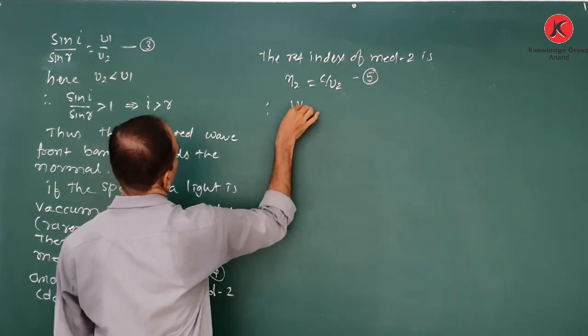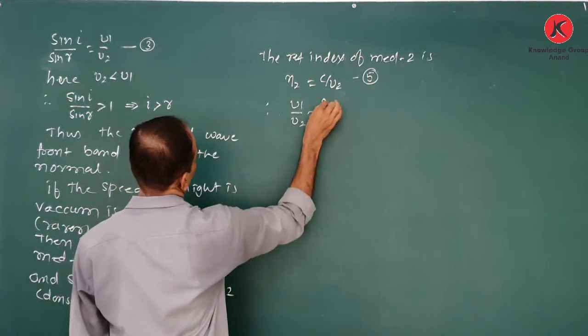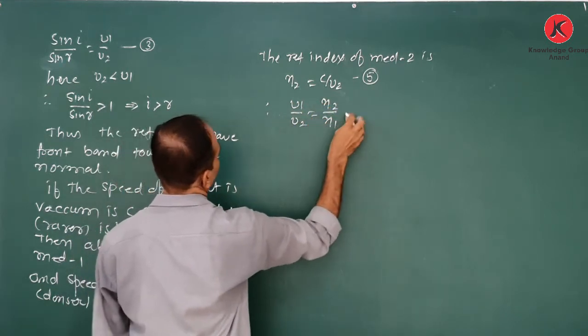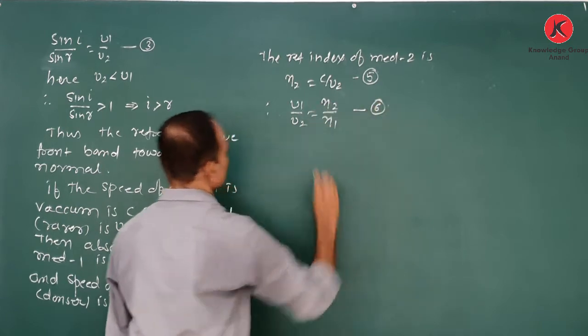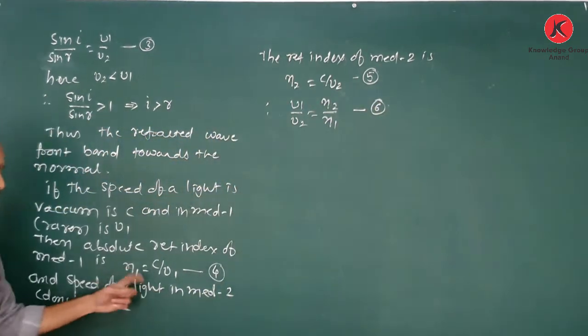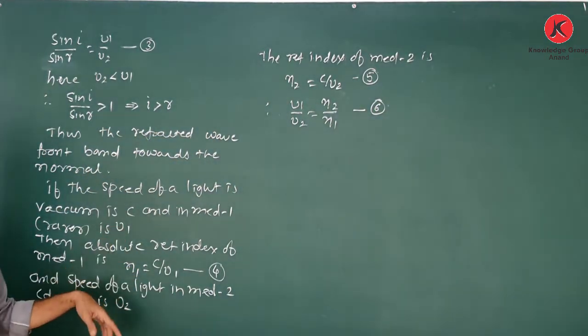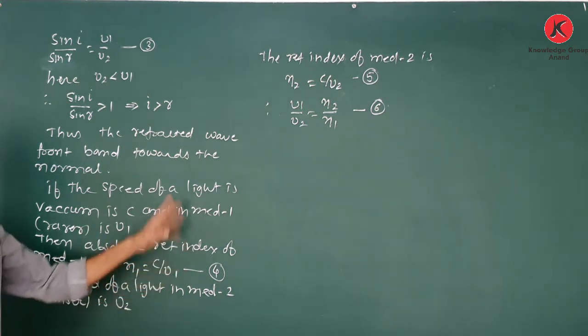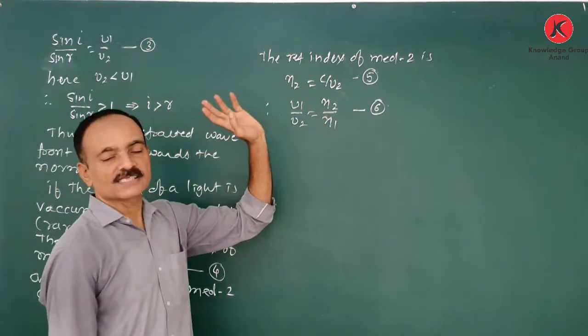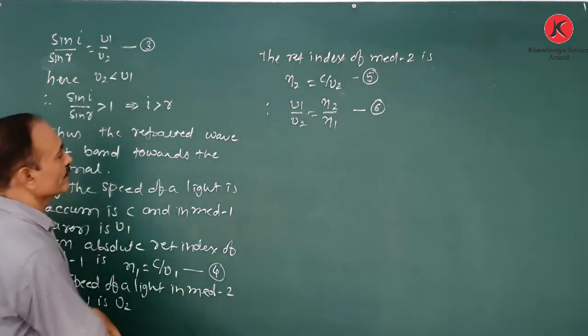Therefore, V1 upon V2 is equal to N2 upon N1. Equation number 6.